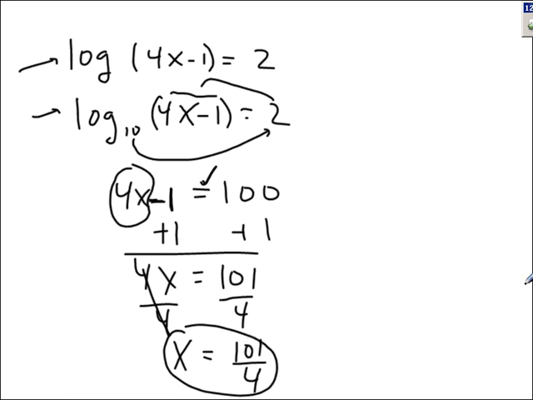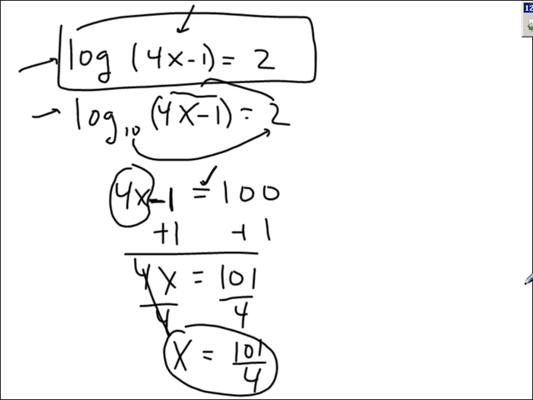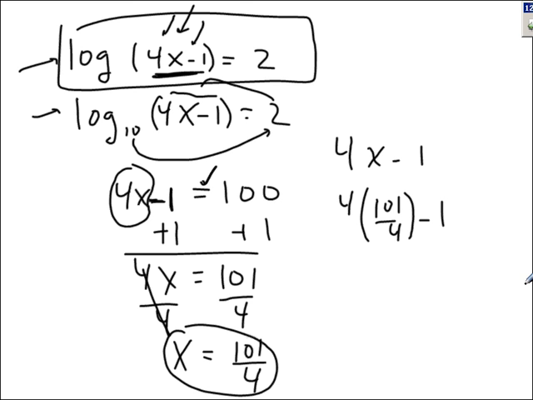But now, we're not done. Again, this equation only makes sense if what you're taking the log of, namely 4x minus 1, is positive. Well, when x is 101 over 4, is it positive?